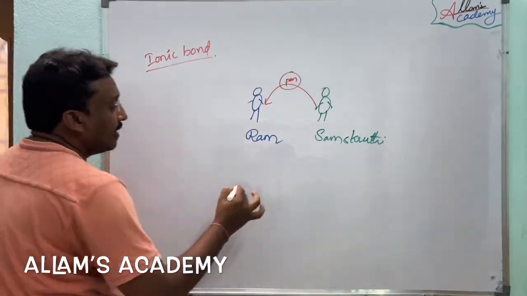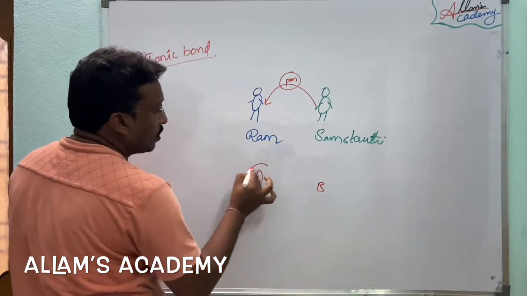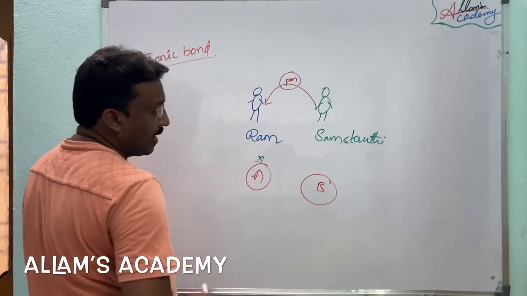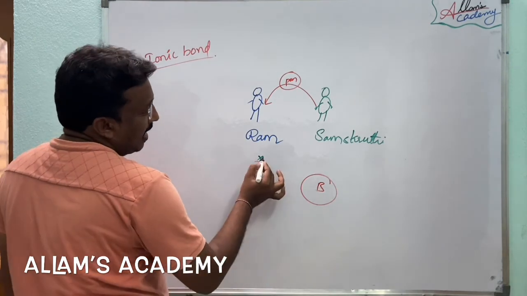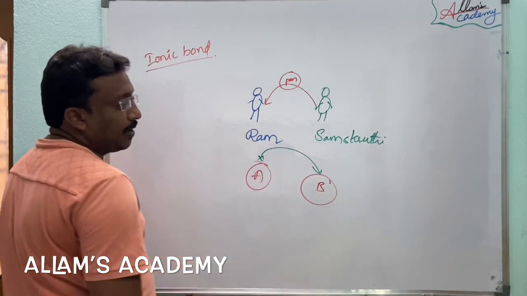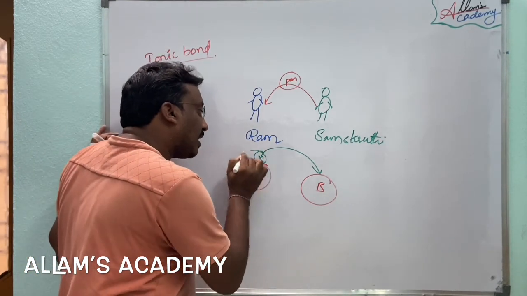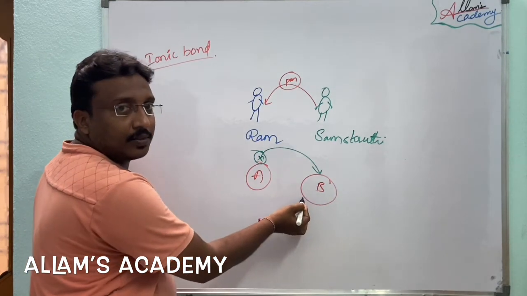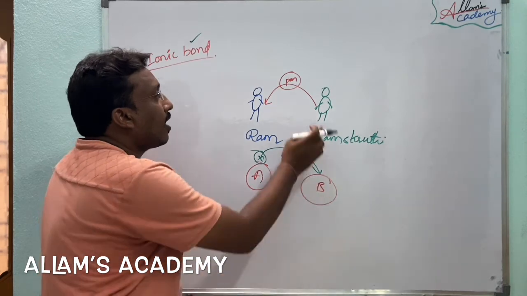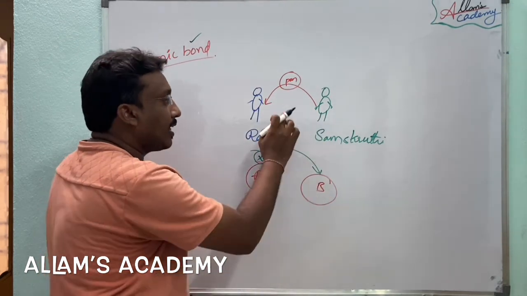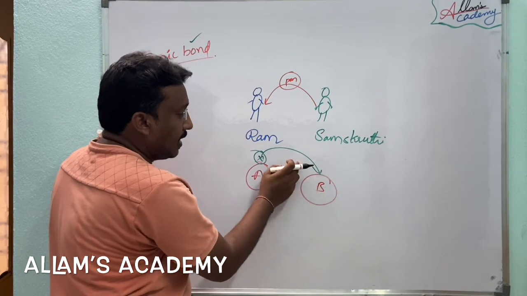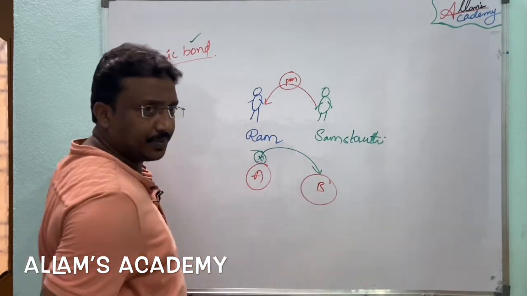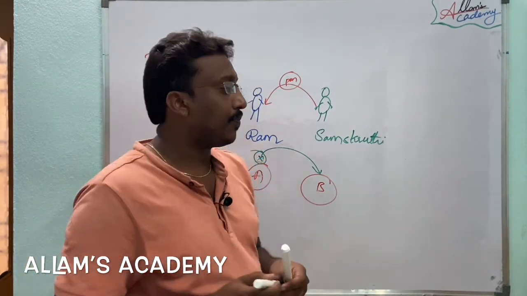Like that, between atoms also, the electron transfer takes place: atom A gives the electron completely to B. Here transfer of electrons between two atoms is called ionic bond, like how Samskruti gave the pen to Ram. Right?